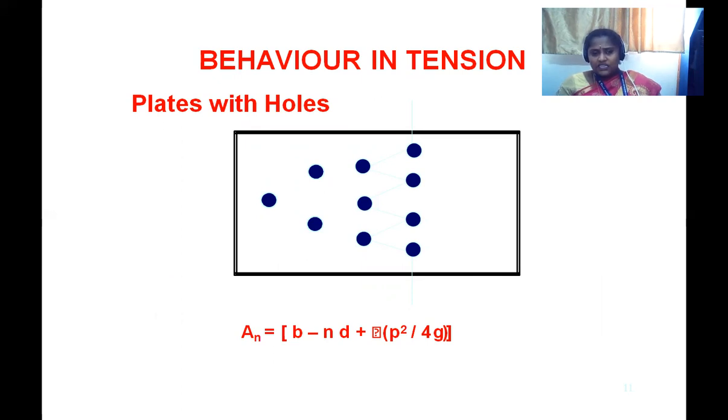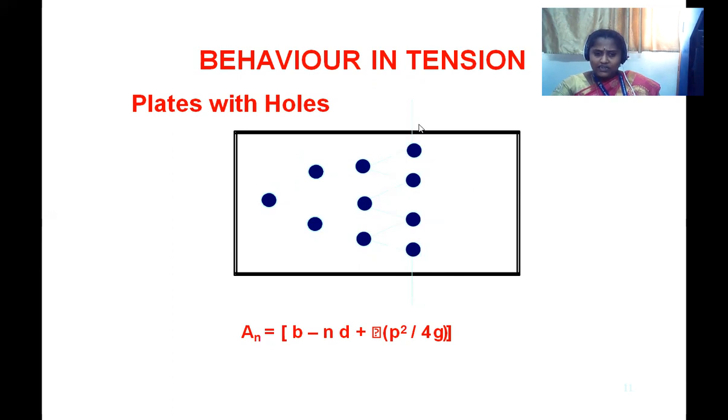But instead of that, here you could see this staggering 4, 3, 2, 1. What is the difference? At this particular cross section, if you take the net area, the bolt holes are deducted, and this cross section will be completely weakened because of the bolt holes.